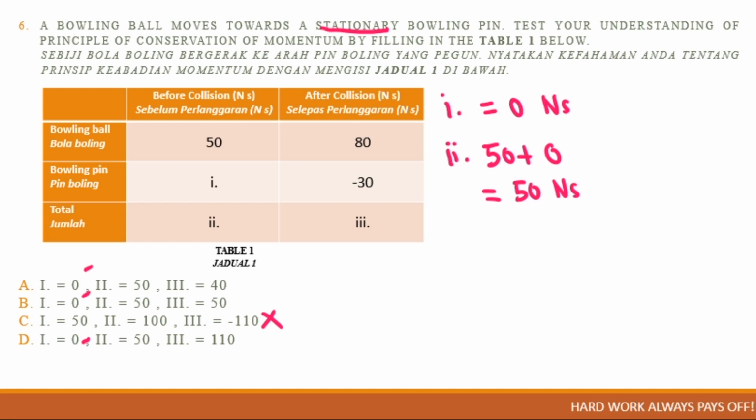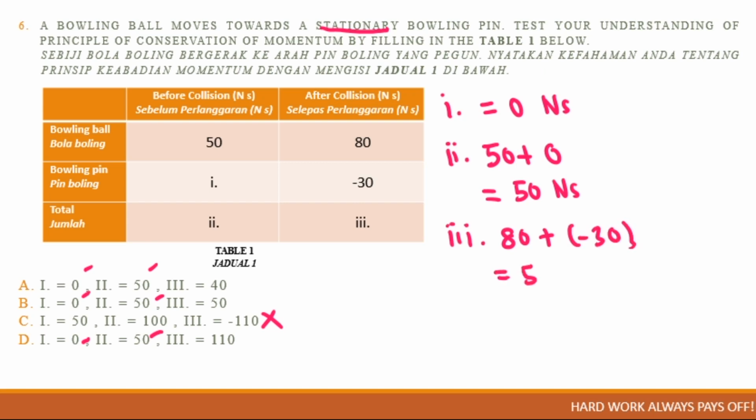So let's look at our options. This is 50, this is 50, and this is also 50. So we cannot find the final answer yet. Now lastly, the third one is the total momentum after collision. So we have the momentum of the bowling ball, which is 80 Newton second, plus the momentum of the bowling pin, which is negative 30 Newton second.